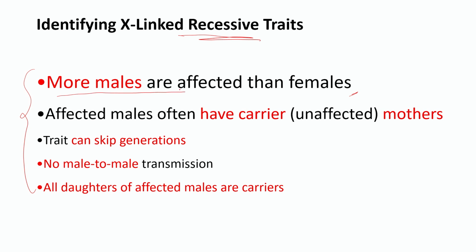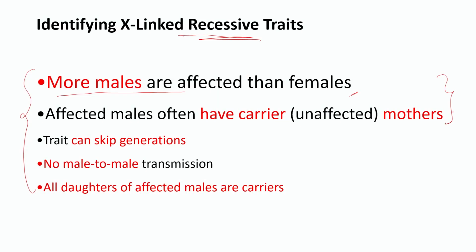Sometimes autosomal recessive and X-linked recessive, or autosomal dominant and X-linked dominant, cut very close to each other, so you need to focus on critical parameters that are different between the two pedigrees. That is why I made these first two points extra bold, as they are more important and discriminatory. In X-linked recessive inheritance, more males are affected than females.